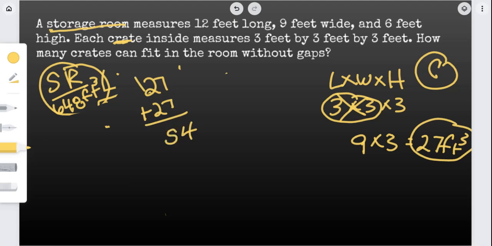And that is definitely a strategy that you can do. So this would be like one crate. This is another crate. Then I could say, okay, if I had two crates, that would be the same as saying, if I take another two crates, what if I say 54 plus 54? That would give me 108.